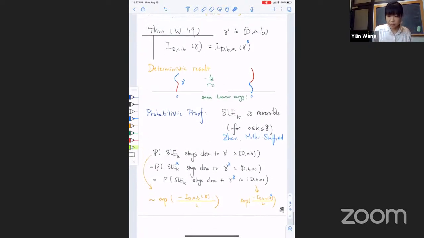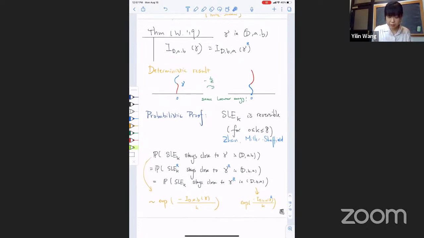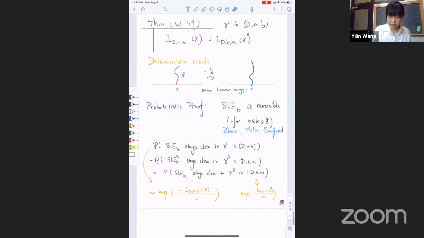Right, so then we can use the large deviation result. Here's the heuristic proof that we can make sense easily. The probability that SLE kappa in D from A to B stays close to the curve gamma is exactly the probability that the reversed SLE kappa stays close to gamma reversed in D from B to A. This is a tautology.